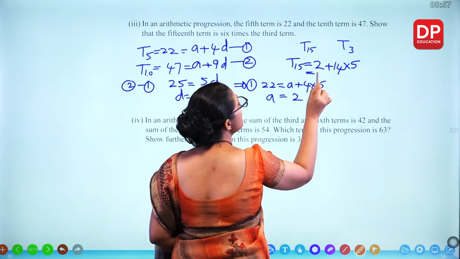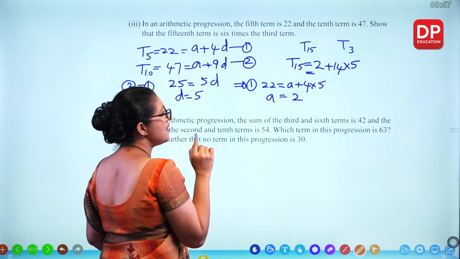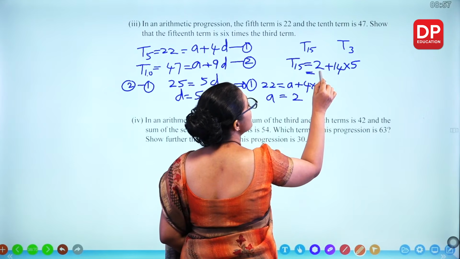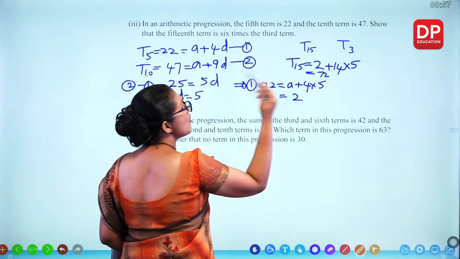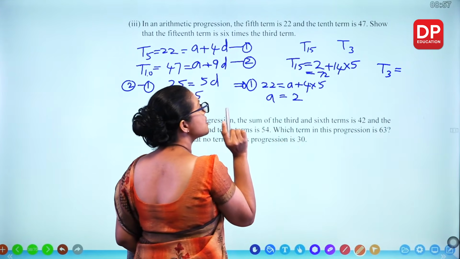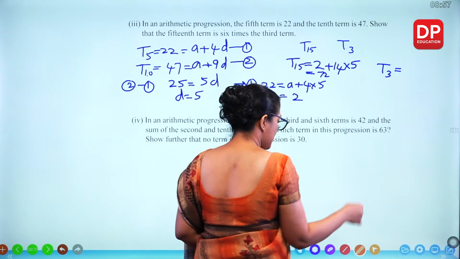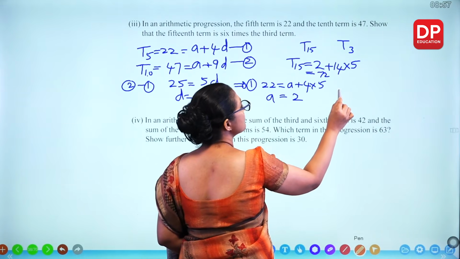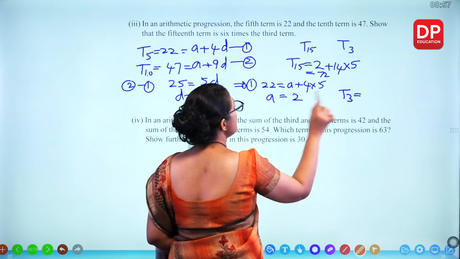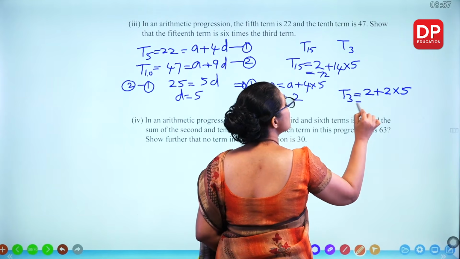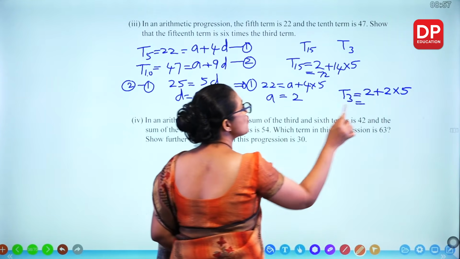So what's the answer? 14 times 5, 70, and 2, 72. What's T3? T3 is first term 2 plus 2d. So 5 times 2, 10, 10 plus 2, 12.